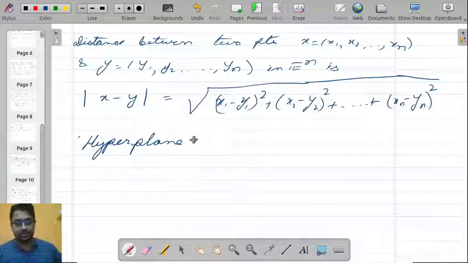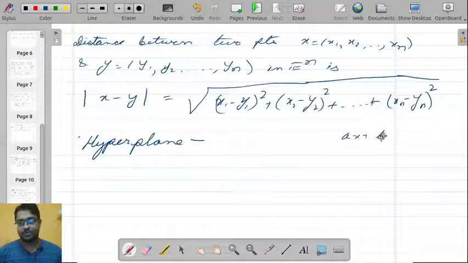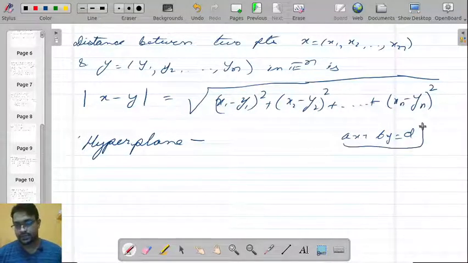A hyperplane is the generalization of straight lines, planes, etc. A straight line is given by ax plus by equal to some constant, say d. In a hyperplane we generalize this; it basically represents a linear equation in x1, x2 up to xn.